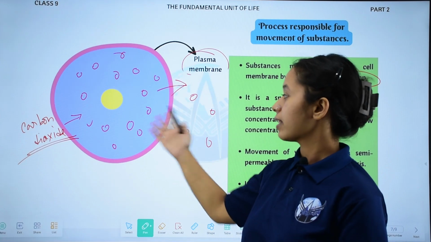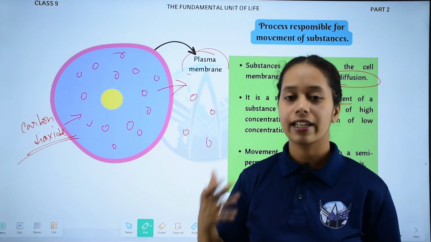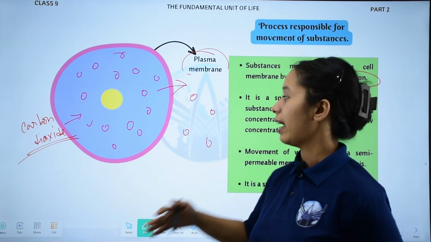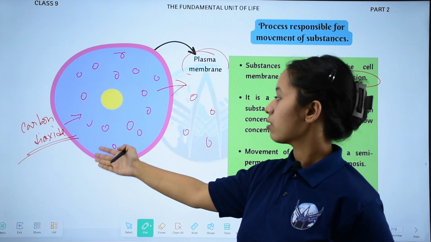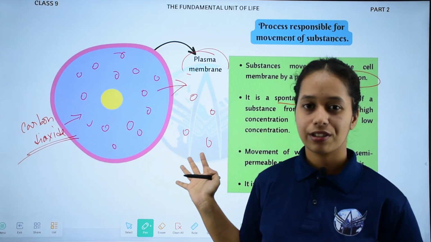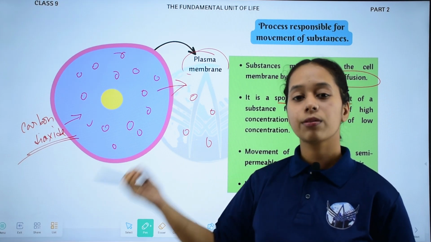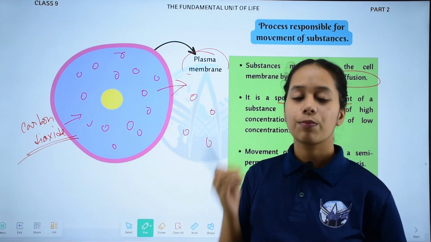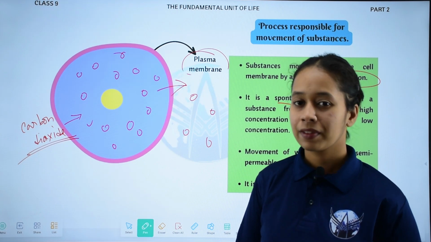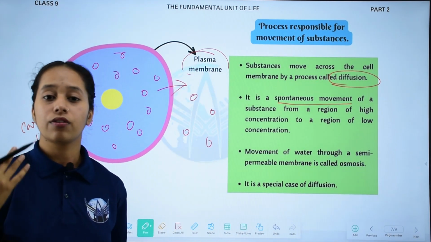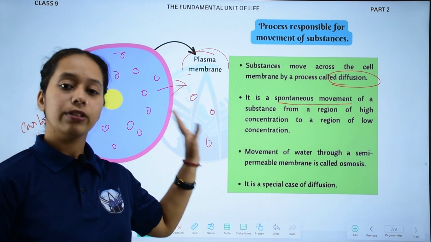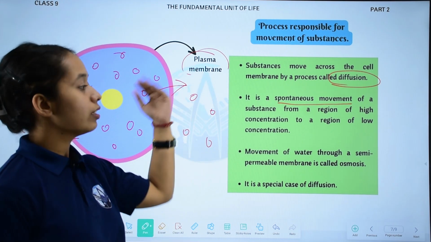Why? Because inside the cell there is a higher concentration of carbon dioxide, and outside the cell the concentration is low. So it will move from a region of high concentration to a region of low concentration. And how will it move? What is the process involved? The process involved is diffusion. This is all about movement of gases, movement of ions, and the process involved is called diffusion.